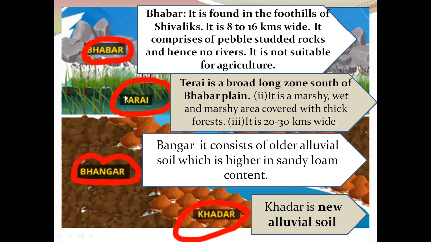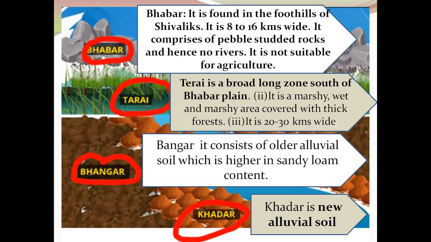Next is Terai. As you can see here, it is the wet area. When the rivers are flowing, they percolate under this soil, under these rocks, and they appear coming out on the land, which is always wet. So it is marshy and wet land. This is known as the Terai.